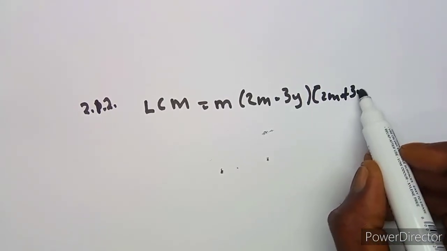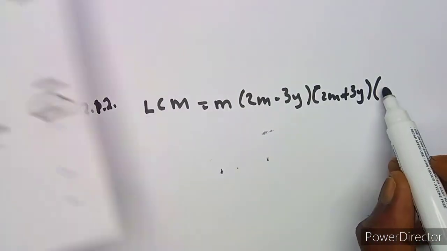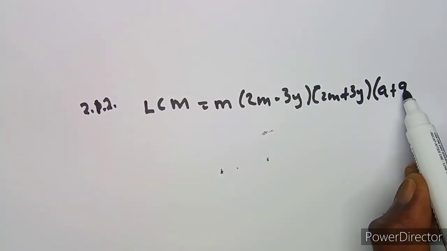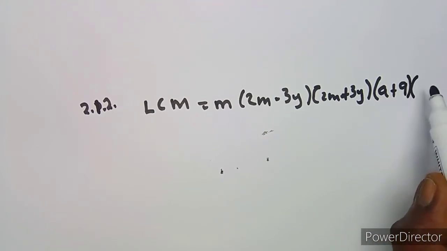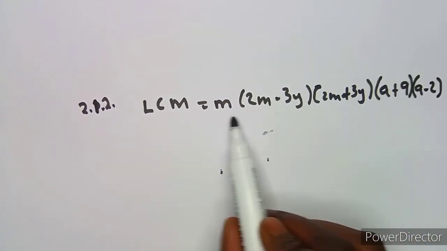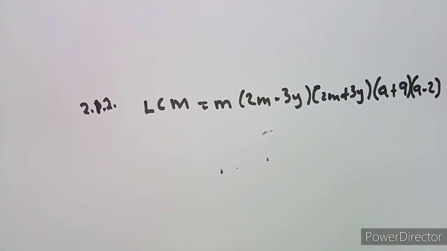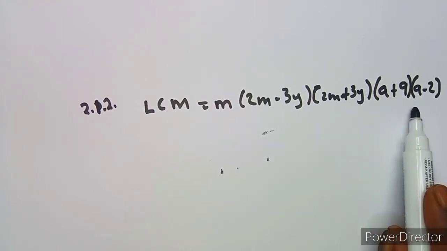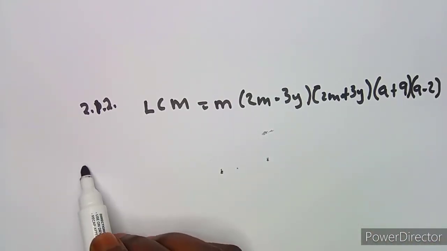So the order of the brackets does not matter, as long as all the brackets are here, it's fine. The order does not matter, whether I start with this bracket or with that bracket. What matters is that all the brackets are here.